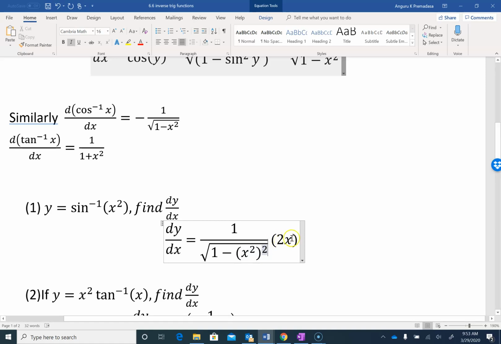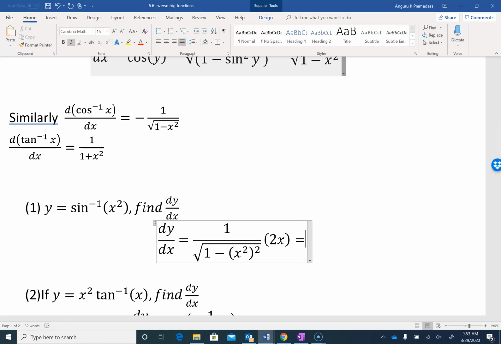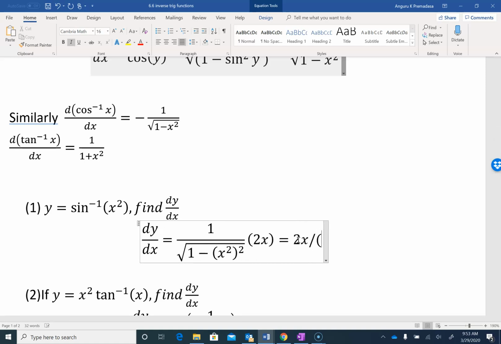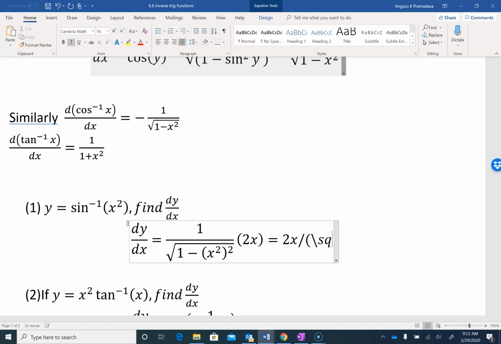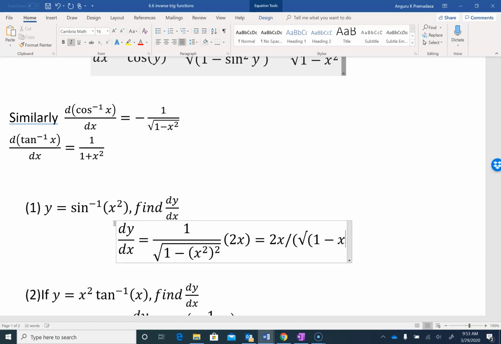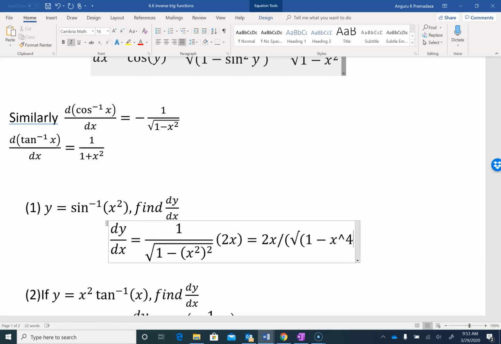But we know that x squared squared is equal to x to the 4. So in the end, this turns out to be 2x divided by square root of 1 minus x to the 4.